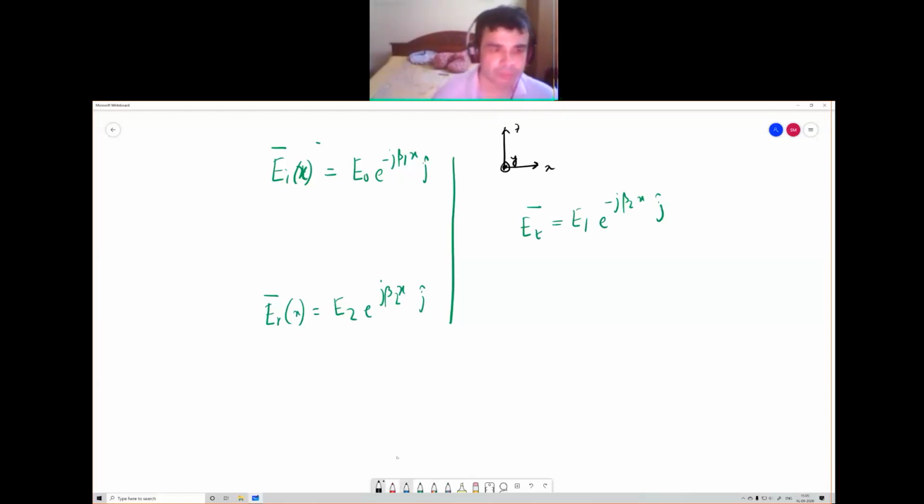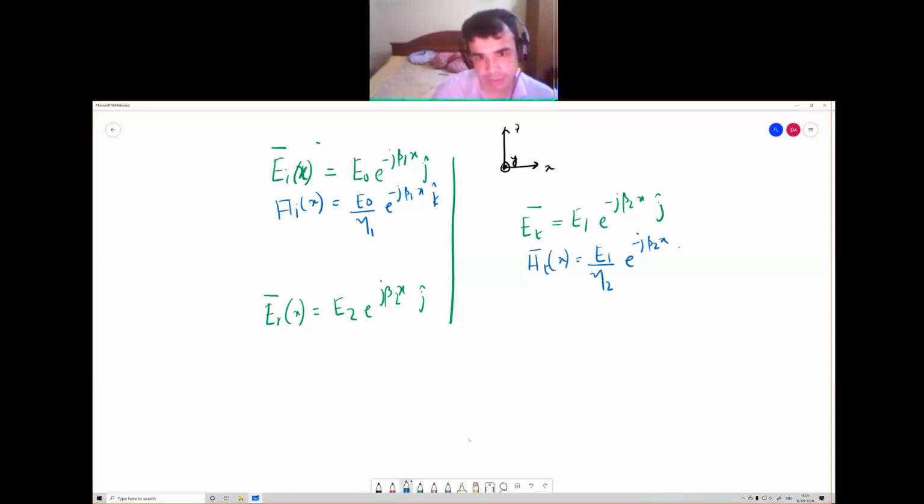What about the magnetic field? H incident as a function of x is E0 by eta1 e to the power of minus j beta1 x. H transmitted as a function of x is E1 by eta2 e to the power of minus j beta2 x along the z direction.